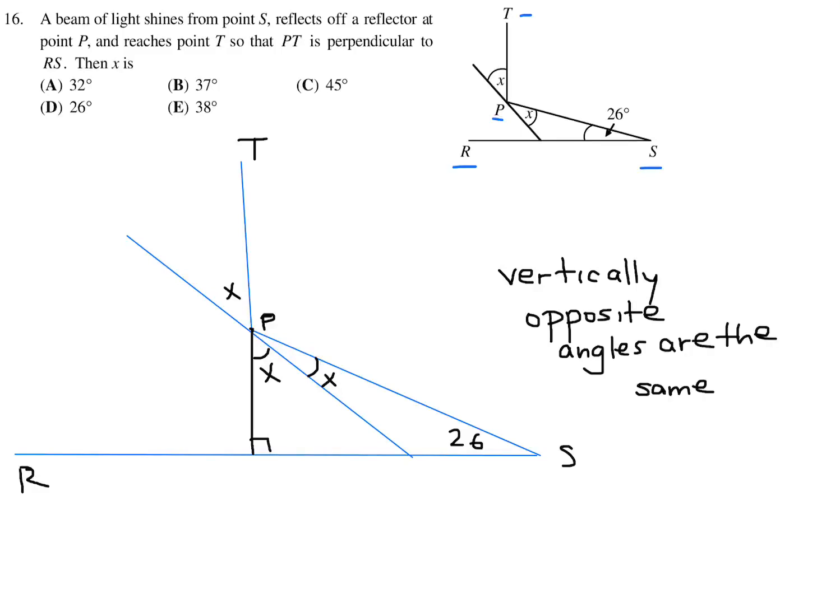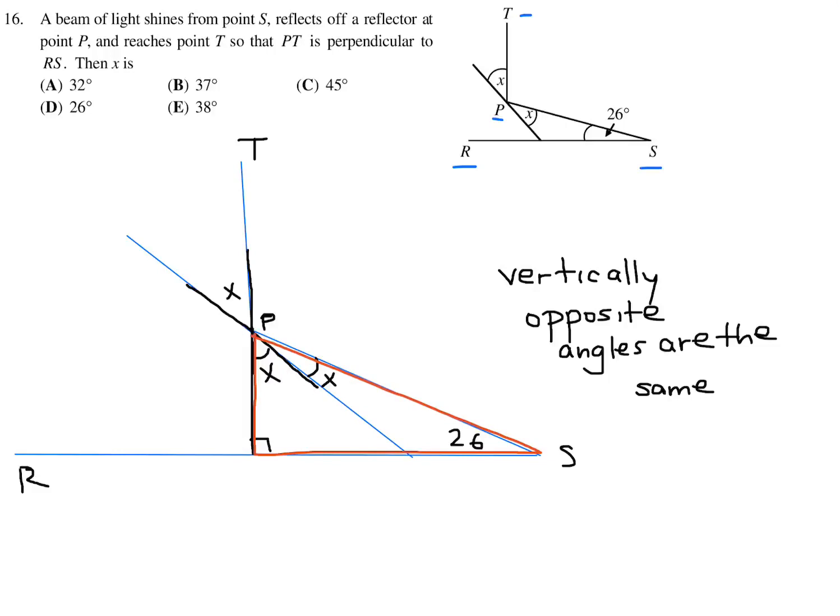And the rule is that vertically opposite angles are the same. So if you look at this, this and this essentially create vertically opposite angles, and they therefore must be the same value.